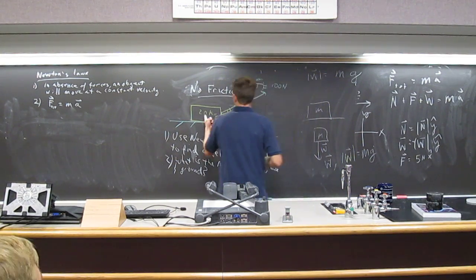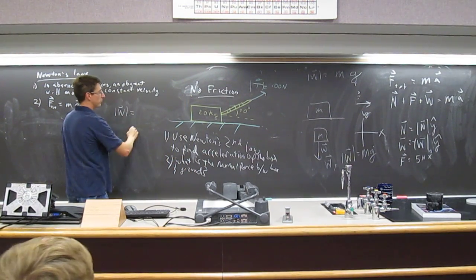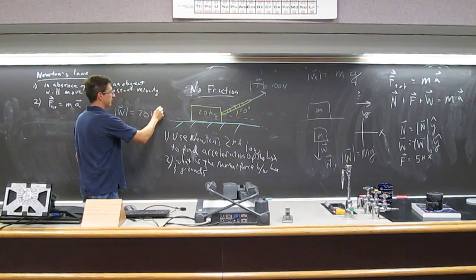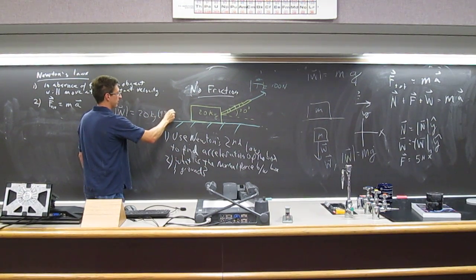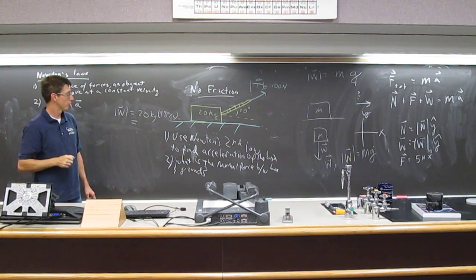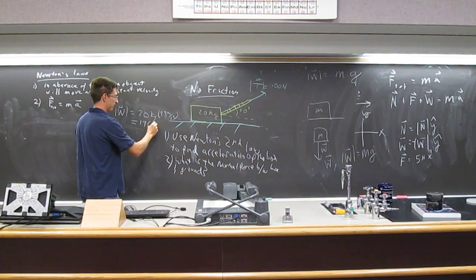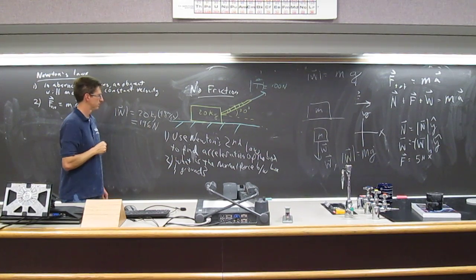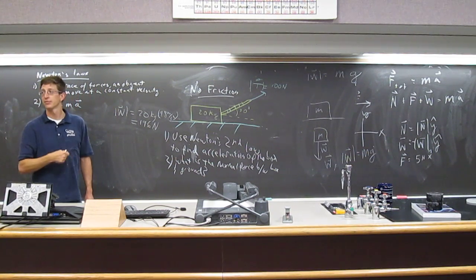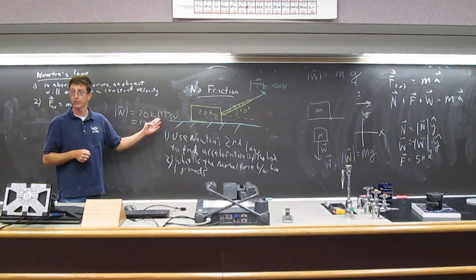So for instance, here, the magnitude of the weight force would be 20 kilograms times 9.8 meters per second squared, which would be 196 newtons. Where did you get the 9.8 meters per second squared? So that's the magnitude of the weight force.